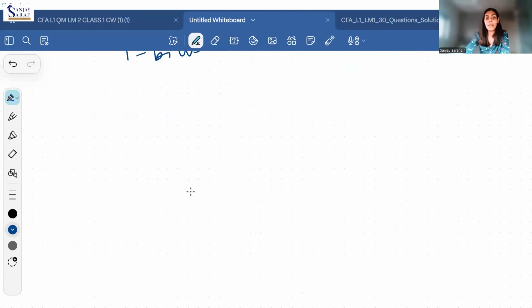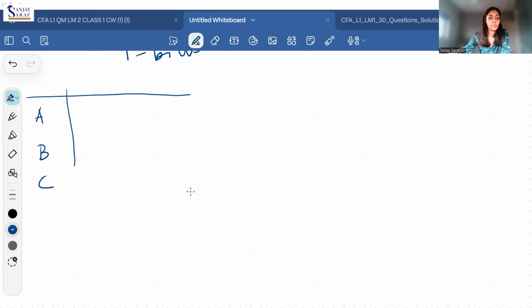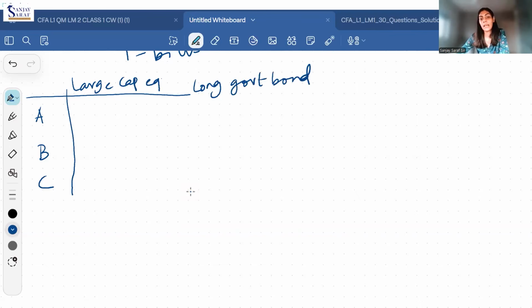Okay, this is where I want all of you to respond. A, B, C. I have large cap equity. I have long-term government bond. And I have T-bills.